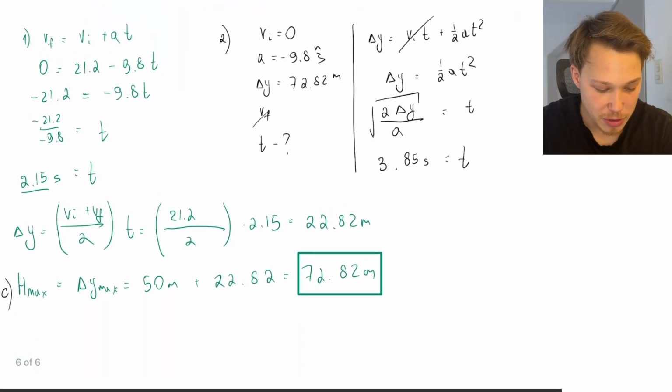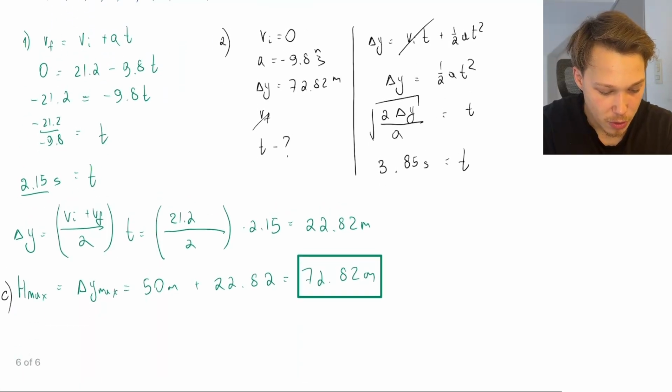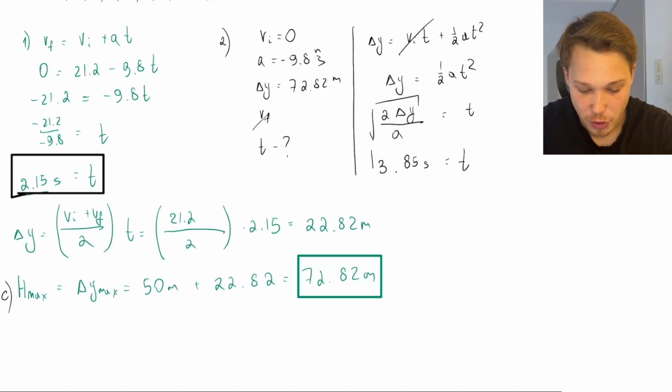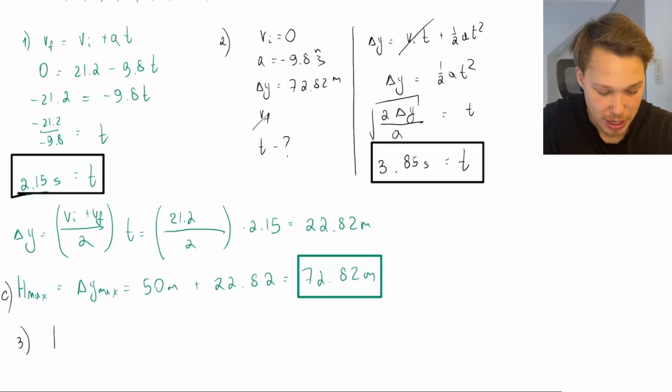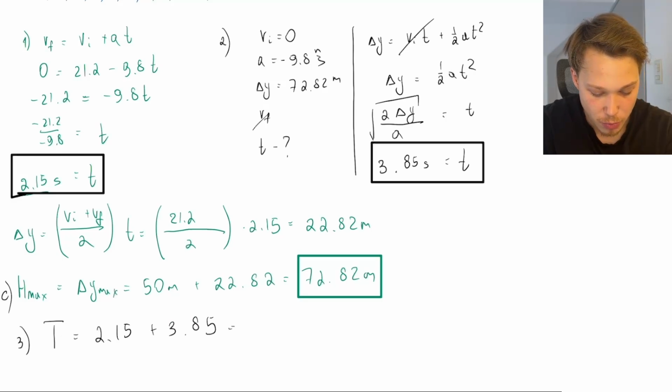Now, if the time it took to go up was 2.15, and the time for it to go down was 3.85, then of course the total time right here will be 2.15 plus 3.85, or approximately 6 seconds.